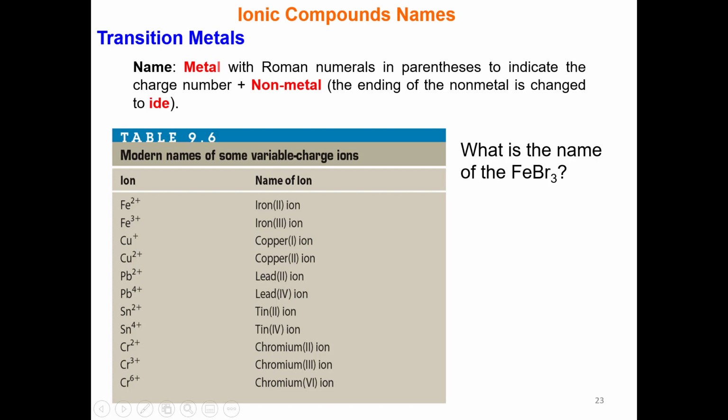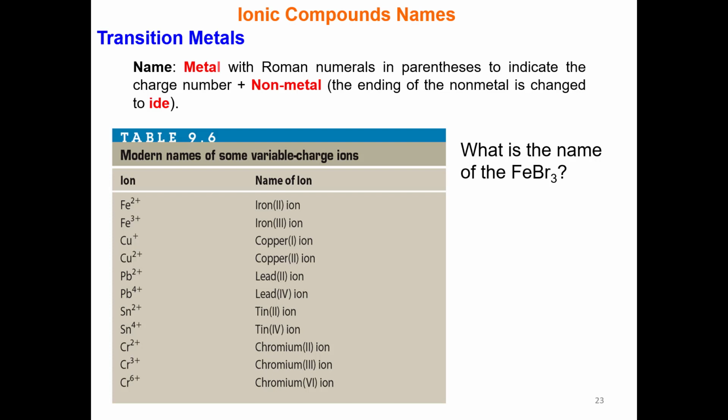Iron +3 will be iron 3. And then we will write the non-metal, and we know the ending of the non-metal is changed to "ide." This is the way we will write.